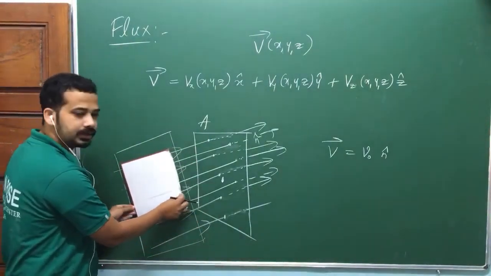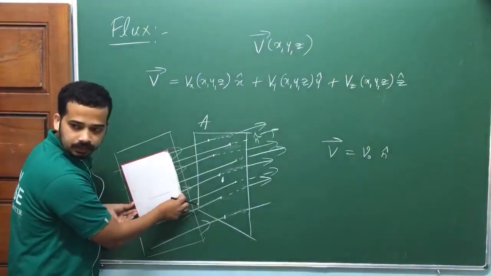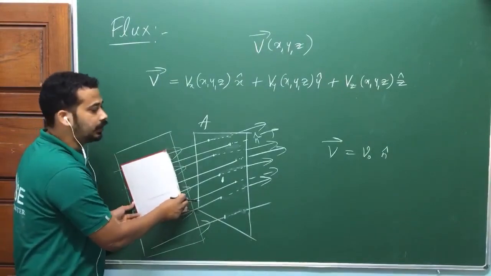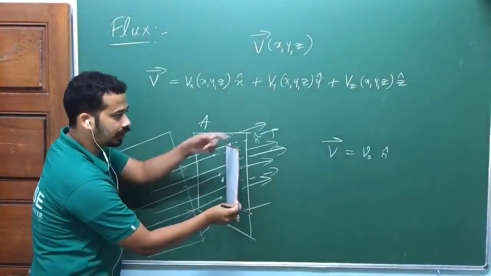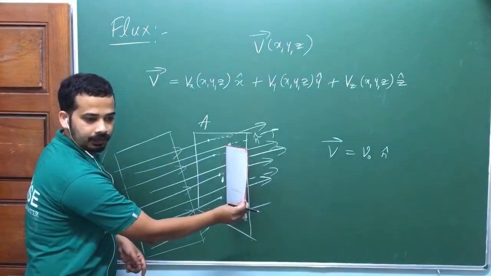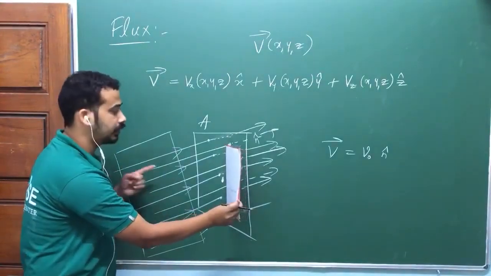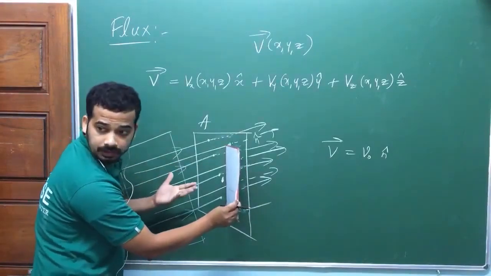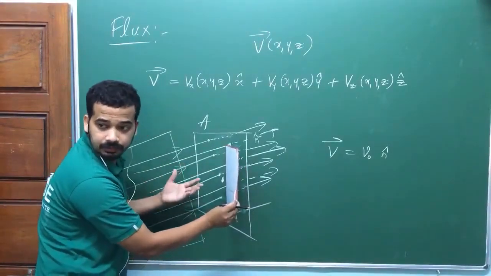If your plane is like this, the number of field lines passing through the area is almost 0. Is that okay? If your plane is perpendicular to this vector field, then the number of field lines passing through this area is more. Am I right? It is the maximum value.